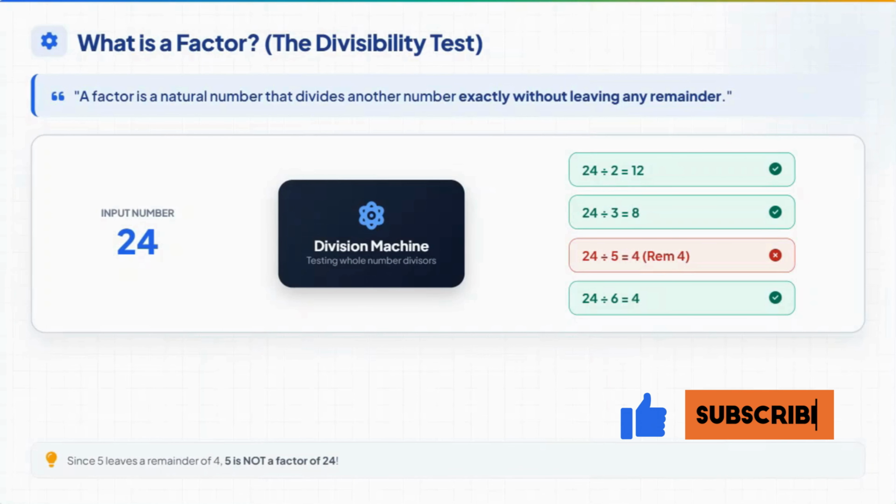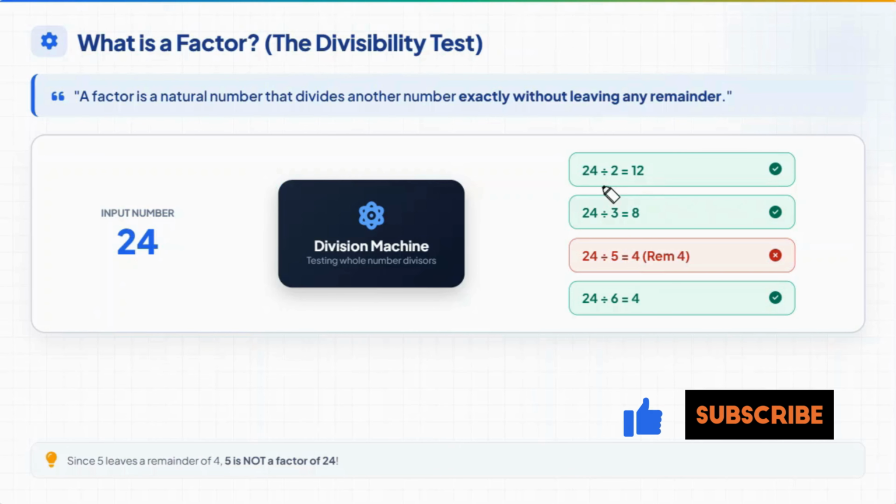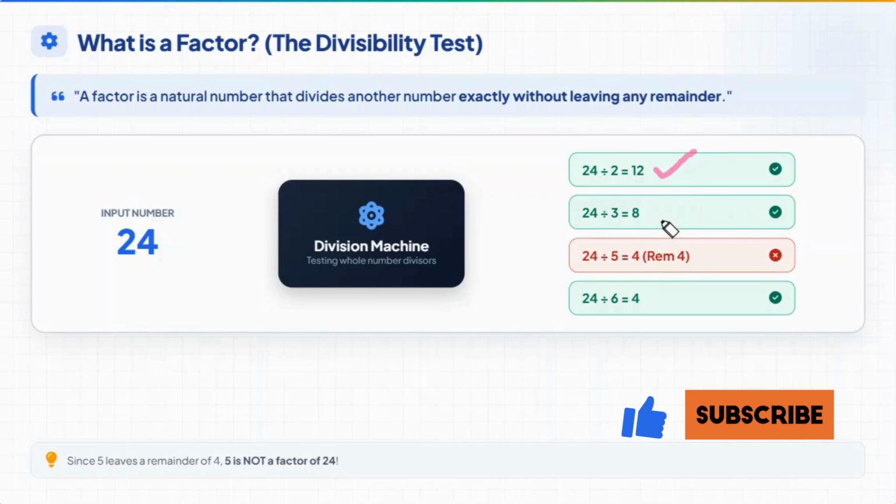So, how do we define a factor mathematically? Simply put, a factor is a natural number that divides into another number cleanly, leaving zero remainder. Let's test this with the division machine using the number 24. 24 divided by 2 gives us 12, with no remainder, so it's a factor. 24 divided by 3 gives us 8, and it's a factor because there is no remainder.